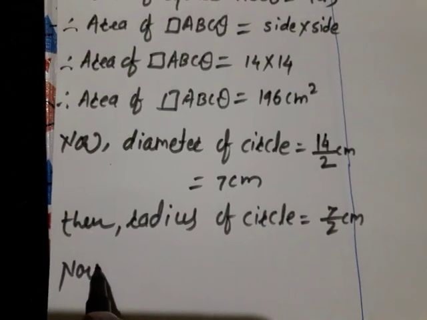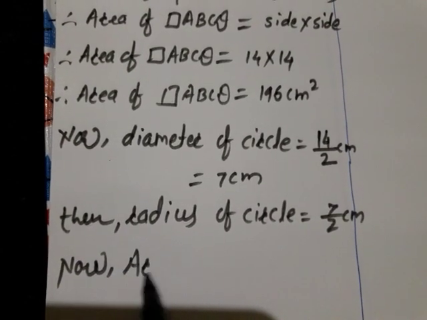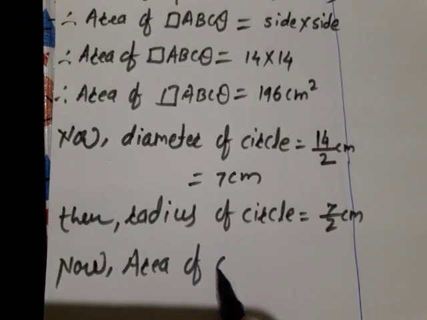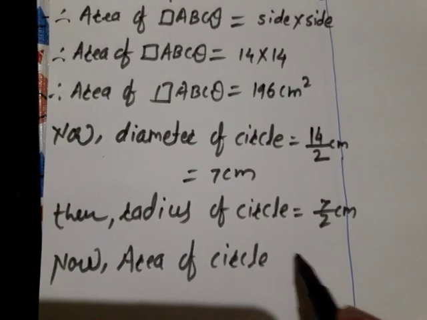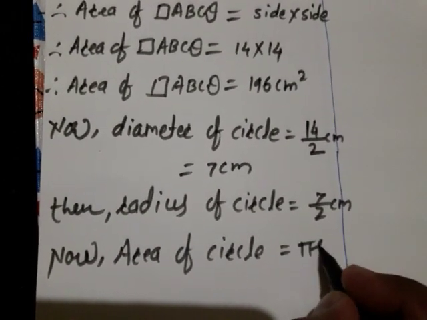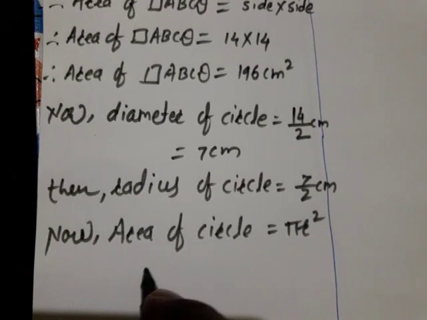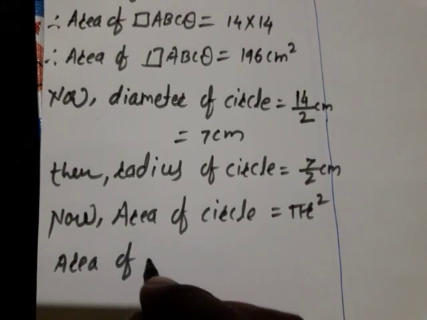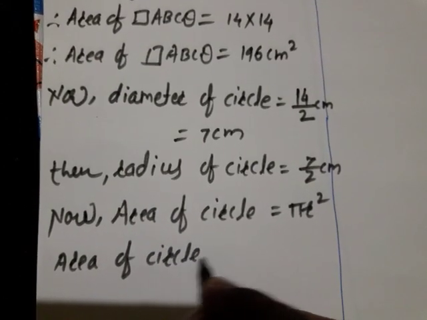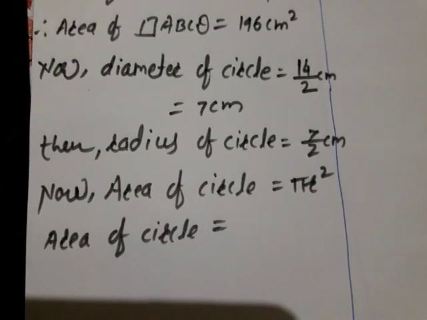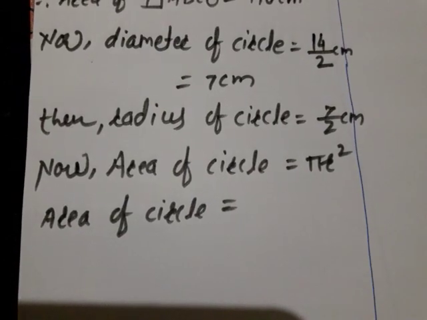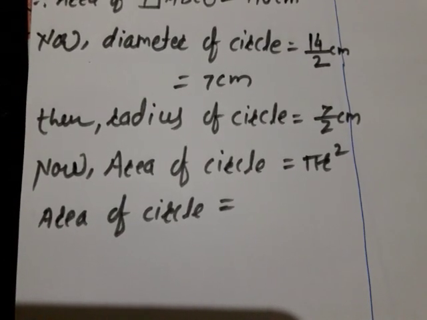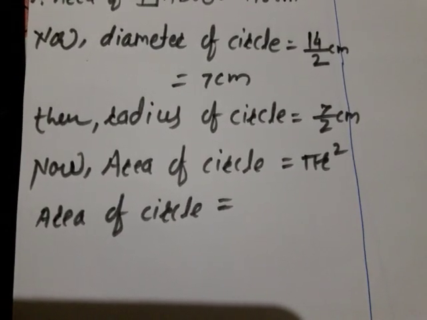Now area of circle is equal to pi r square. Okay, now here we will use the value of pi. The value of pi is given here as 22 upon 7.